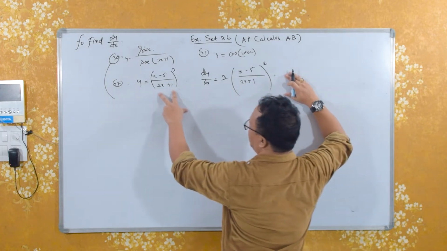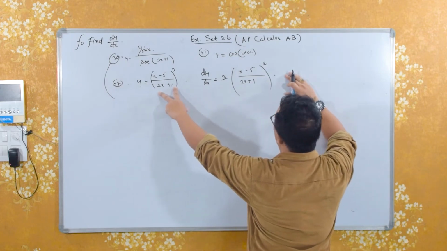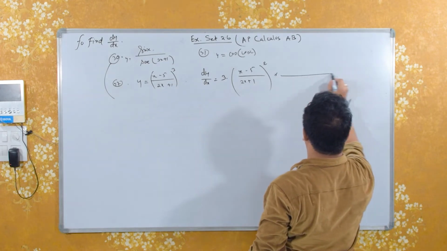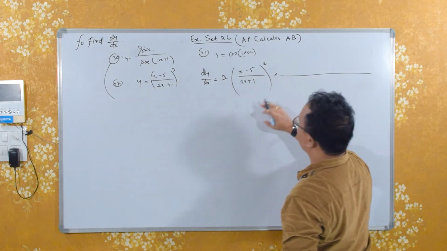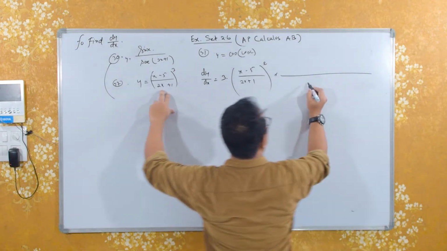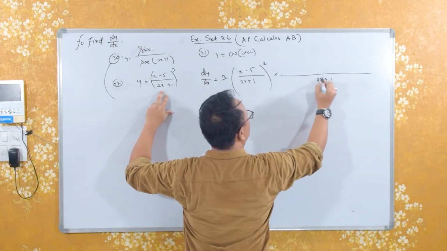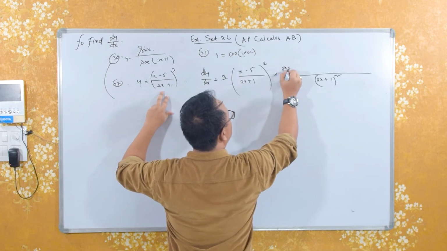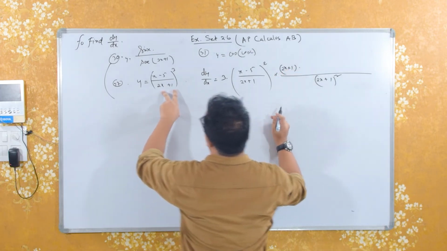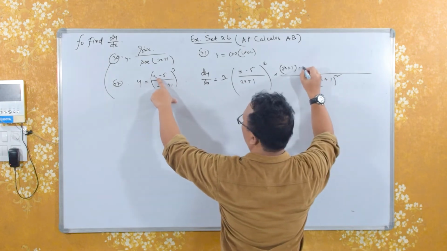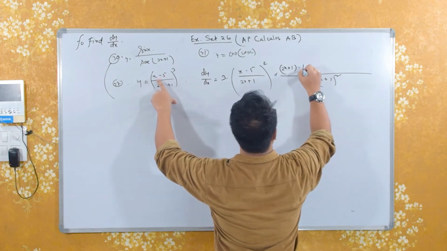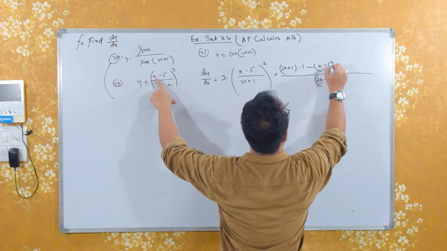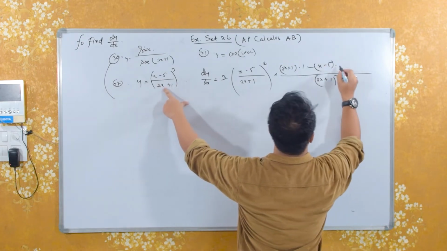This again has to be differentiated with respect to x. Here you have to apply the u by v rule. Don't forget to write this; if you stop here, then it's wrong. Now u by v will become, over here, (2x plus 1) raised to 2 in the denominator. In the numerator, it brings straight over here (2x plus 1) into d by dx of (x minus 5), which is 1 minus 0, minus (x minus 5) into d by dx of (2x plus 1), which is 2.